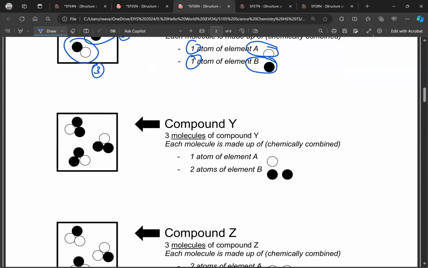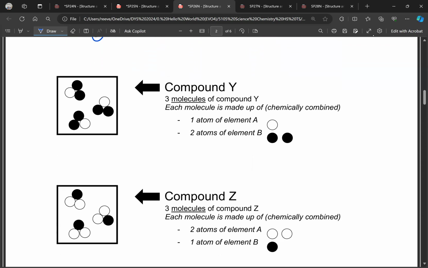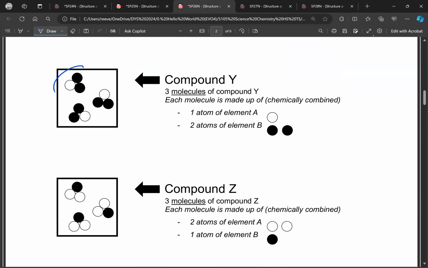Now this is also a compound. Why? Because there are 2 different elements chemically combined. I combine 1 white circle and 2 black circles, and I repeat 3 times. So I have 3 molecules. Each molecule has 1 white and 2 black. Understand?